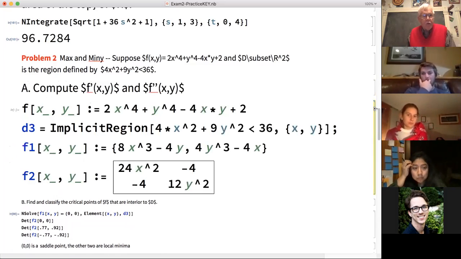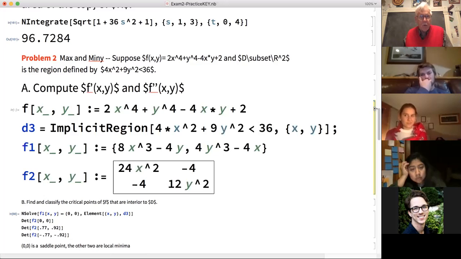So we have to enter the function. Here it is. I entered the region right away because this is the region that we're going to be interested in. This is the domain of the function. And so this is all the background material.